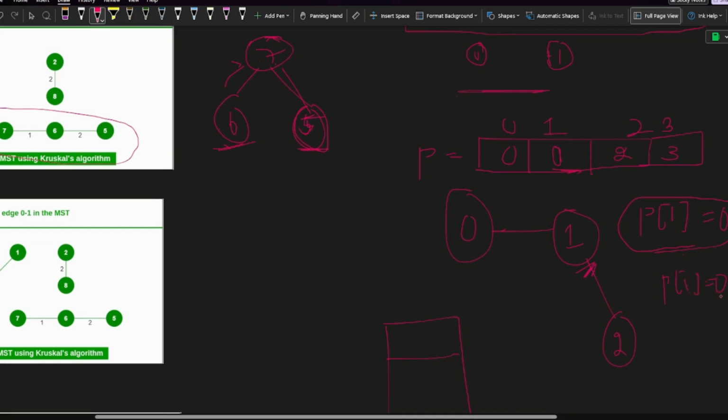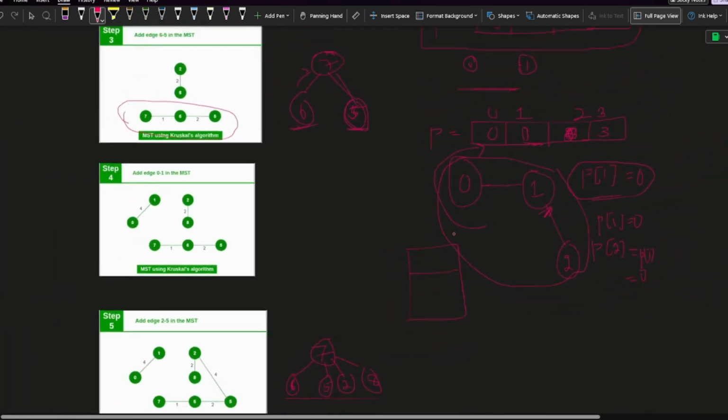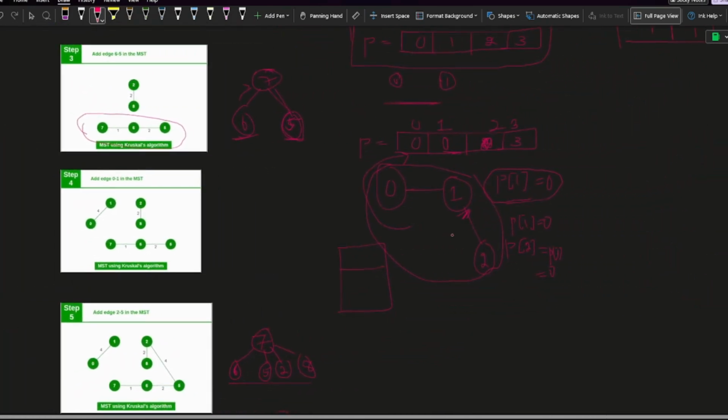And 2's parent is going to be 0 again. So all three, 0, 1, and 2, share the same parent, which is 0. In that way, we can represent that they belong to the same connected component.